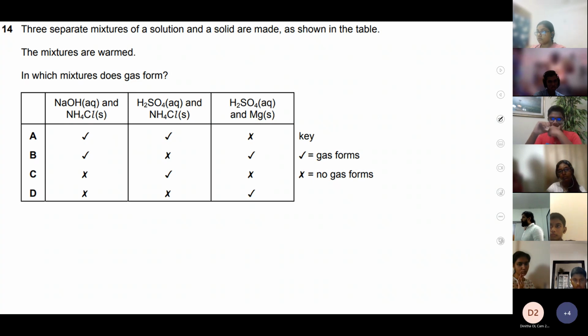List them down. That builds a good database, right? So here are the reactions that give you gases.